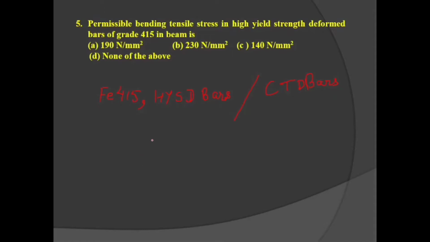As we know, sigma st is equal to 230 megapascal. Please be careful. However, for Fe250 this value is 130 megapascal in the compression zone, and 140 megapascal for the tension zone, whereas for Fe415 sigma sc value is 190 megapascal, but in tension the value is 230 megapascal.